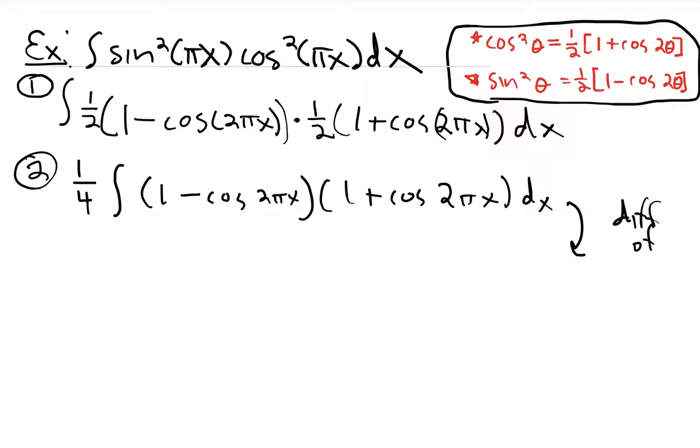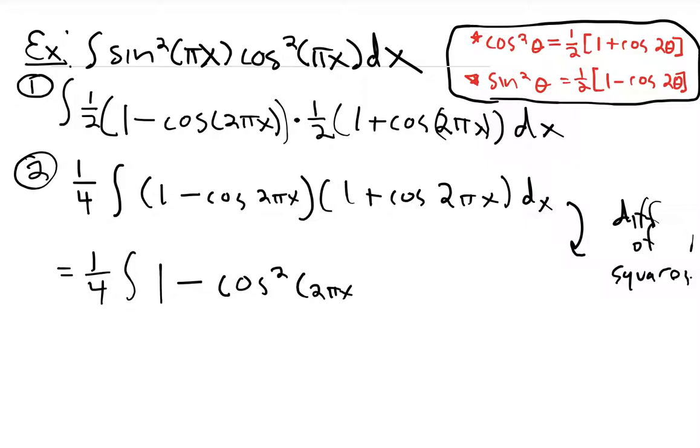So you could sit there and FOIL this out, or we could try to do this a slightly more efficient way. I can view this as a squared minus b squared, so 1 minus cosine squared of 2 pi x.